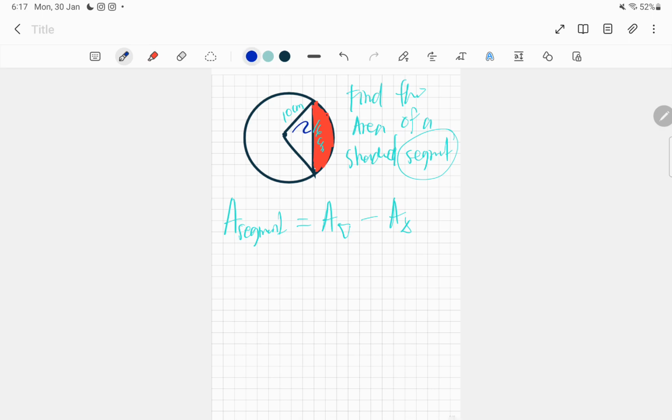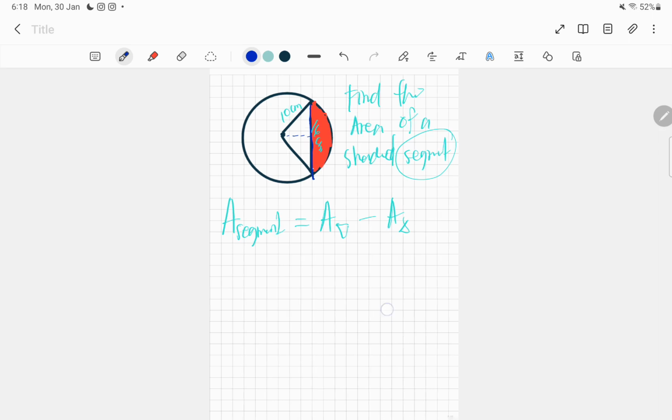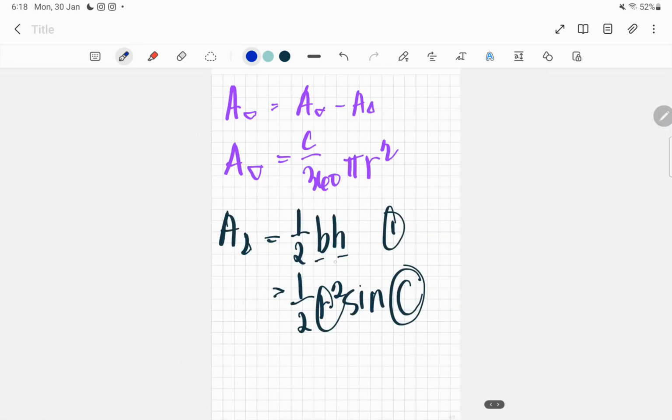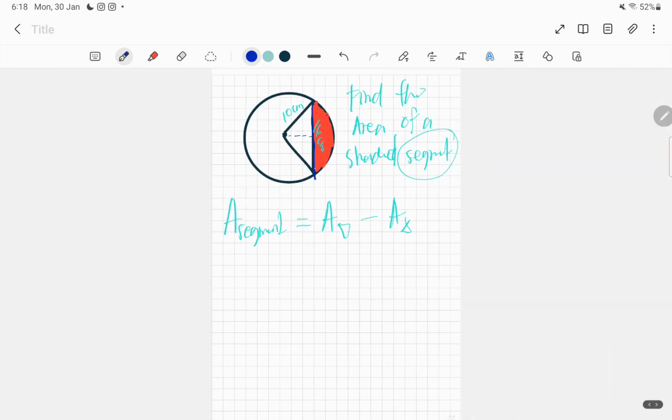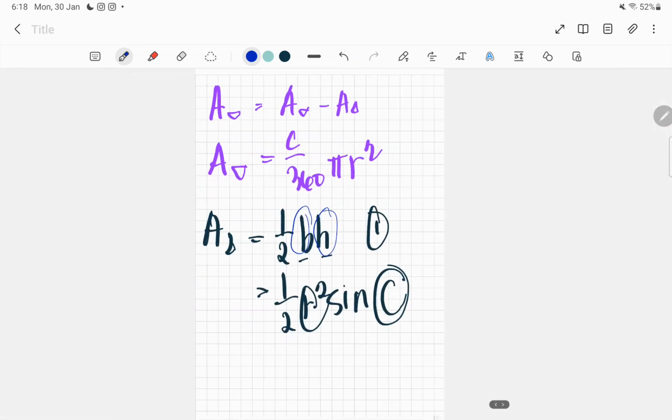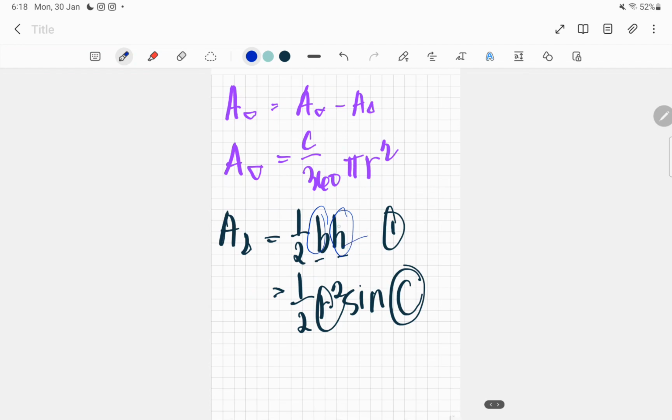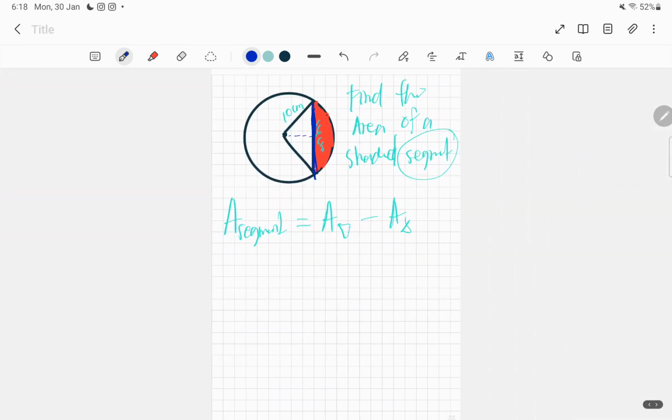Kasi dito, kung area ng triangle, kanina kung babalikan natin, ito lang yung hahanapin natin, given base and height. Then dito sa given natin, meron na tayong base, yung 16 cm. Okay, yan na yung base natin. So, ang hahanapin na lang natin yung height, then we can have the area of a triangle.